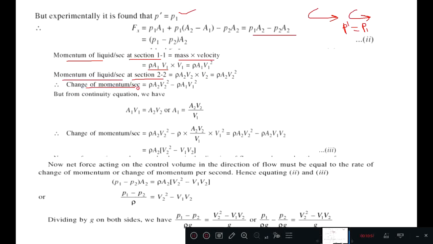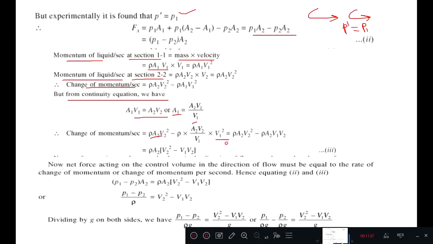The change in momentum per second is rho A2 V2 square minus rho A1 V1 square. But from the continuity equation, we have A1 V1 equal to A2 V2, or A1 equal to A2 V2 divided by V1. Then the change of momentum per second will be rho A2 V2 square minus rho into A2 V2 by V1.